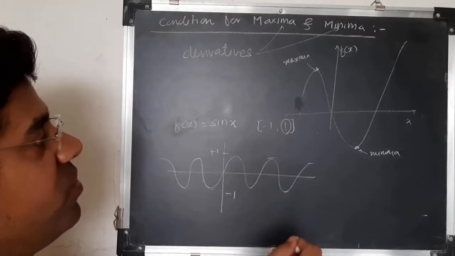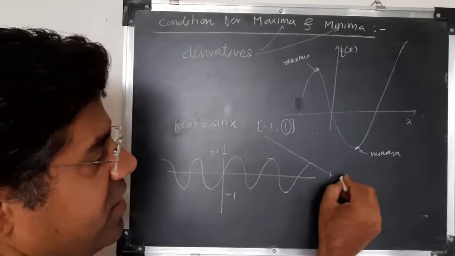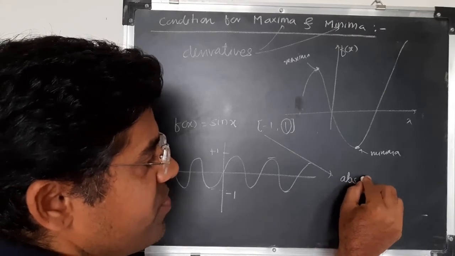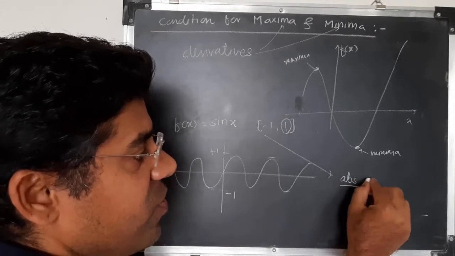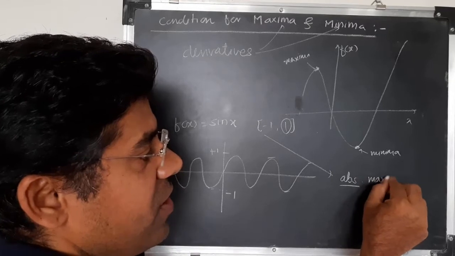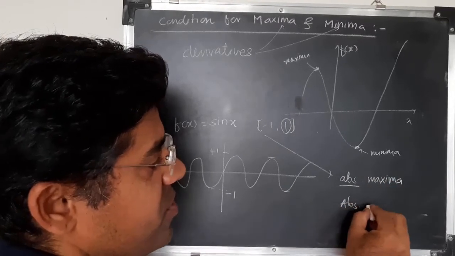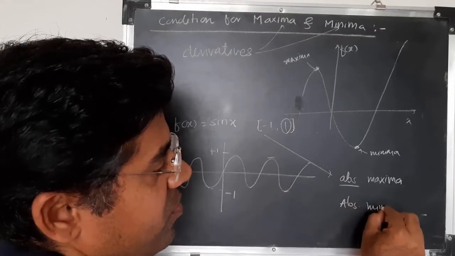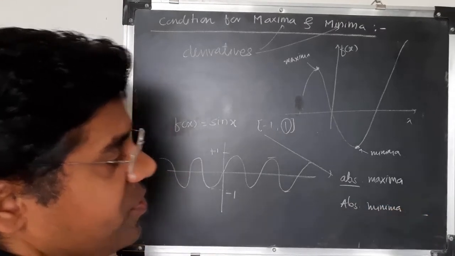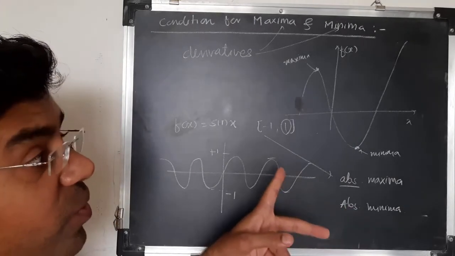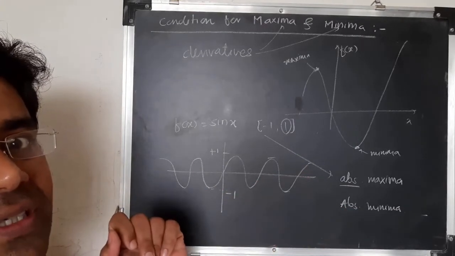Such a type is called absolute maxima or absolute minima point. Sometimes you can also call this local maxima and local minima point.